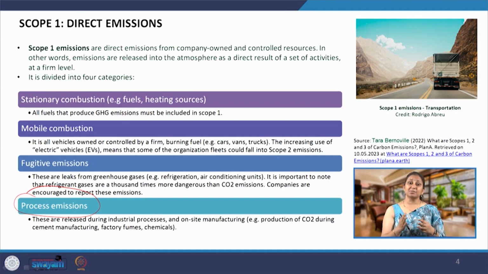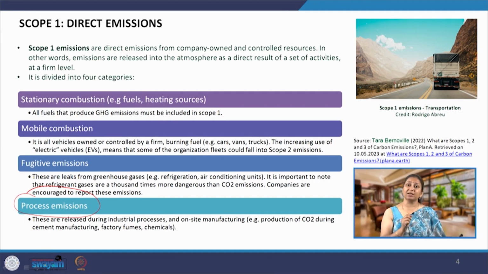There are some direct emissions occurring because of the process that is happening there, maybe mixing of chemicals, so some chemical gases are released, or because of processing of food certain gases are released. These are the direct process emissions which take place as part of the manufacturing process.